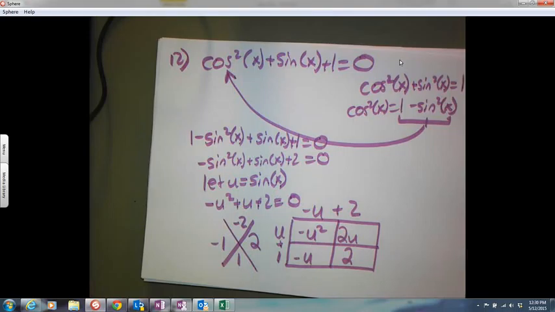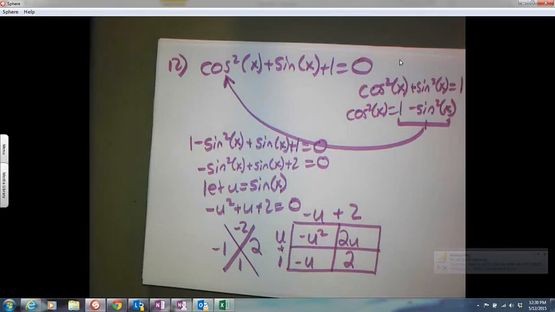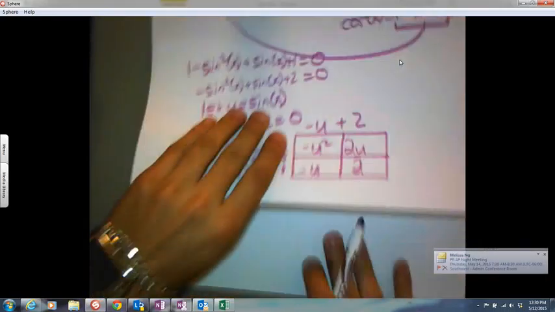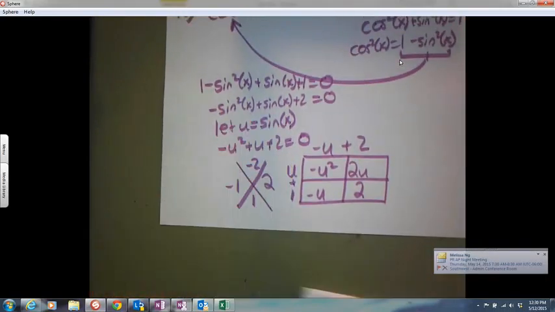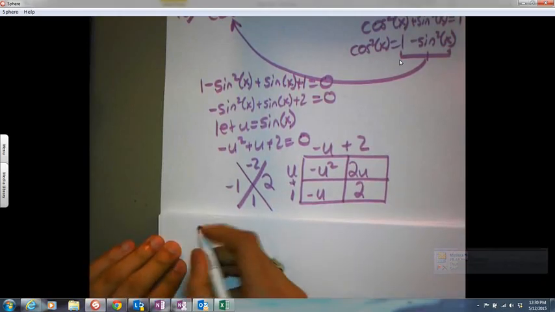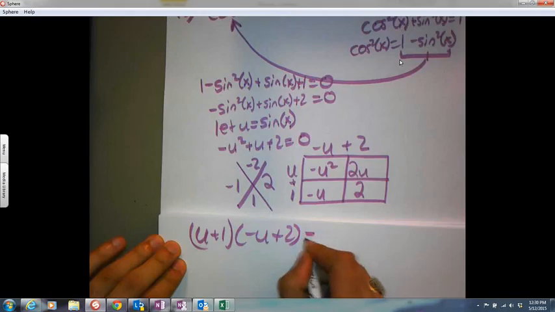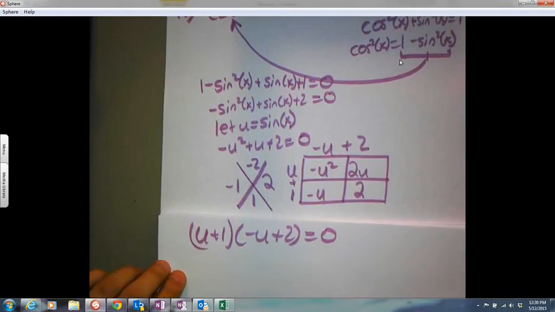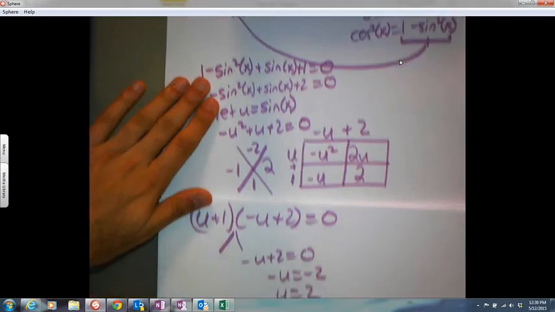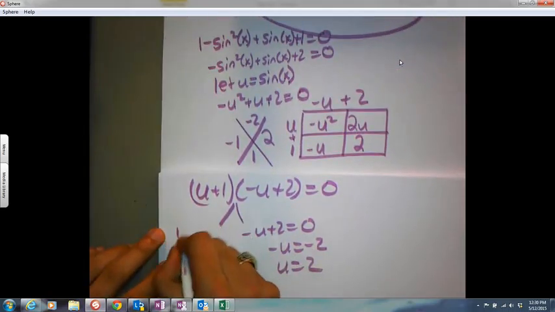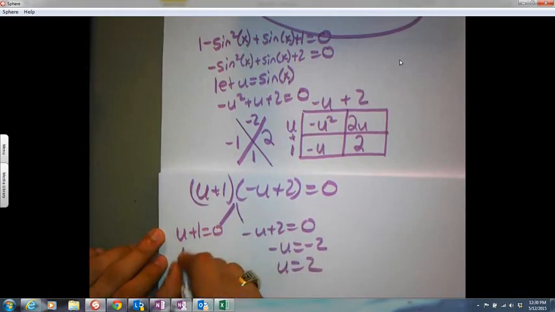Alright. After factoring, we get u plus 1 times negative u plus 2 equals 0. Split this off. Negative u plus 2 equals 0. Subtract 2 on both sides, so negative u equals negative 2. U equals 2. Here we've got u plus 1 equals 0. U equals negative 1. In both cases, remember, we want to replace the u with the actual trig function.